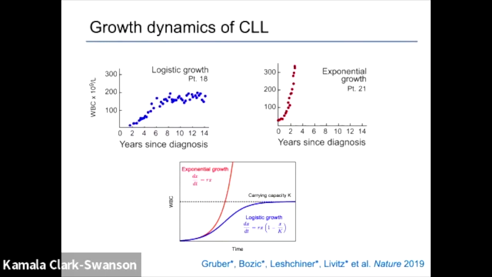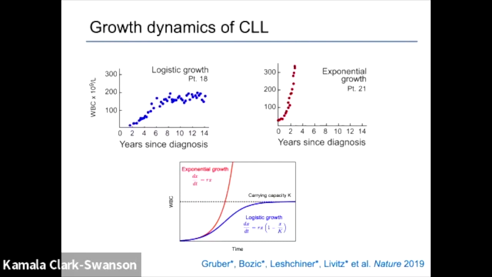It was very satisfying to see real patient data follow so nicely these simple mathematical equations, where exponential growth can be characterized by just a simple fixed growth rate R. And logistic growth starts off growing at some growth rate, which we call also R, but then stabilizes as it reaches carrying capacity K.